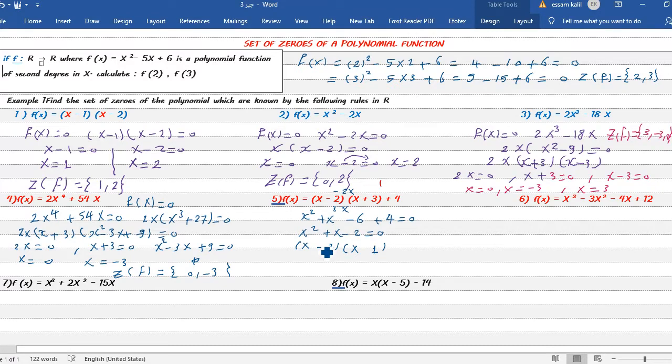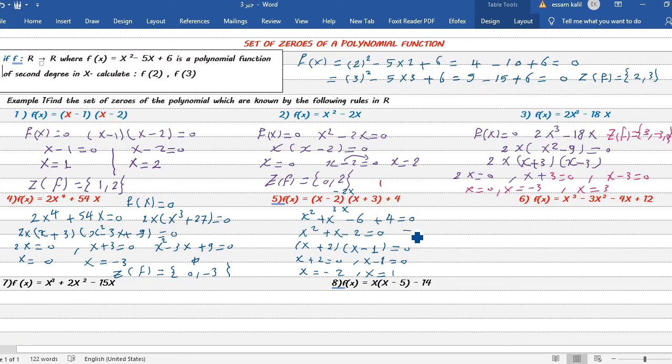The greatest takes the sign of the middle term and the 1 takes the opposite sign: x plus 2 times x minus 1 equals 0. Then x plus 2 equals 0 and x minus 1 equals 0. Move it to the other side, it becomes negative 2. Move negative 1 to the other side, so x equals 1.